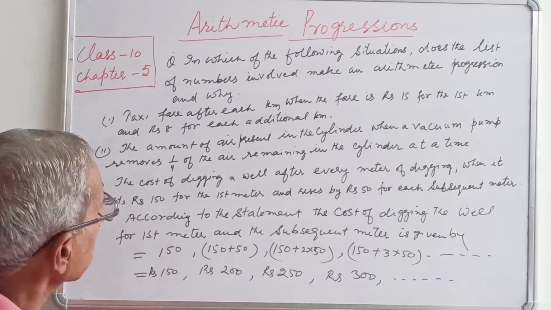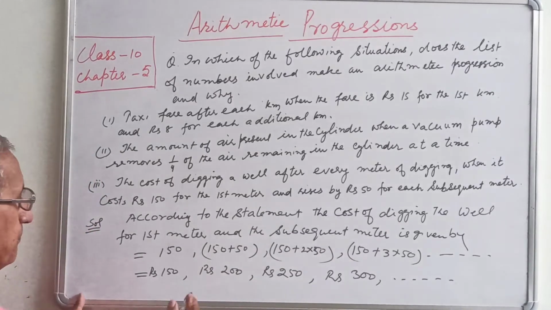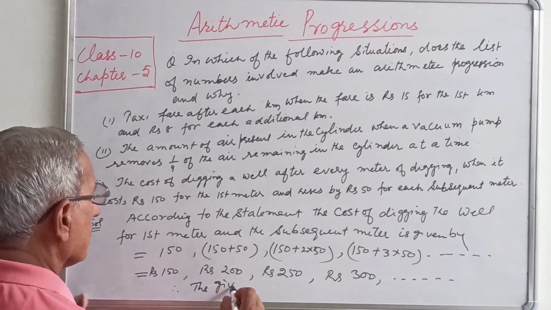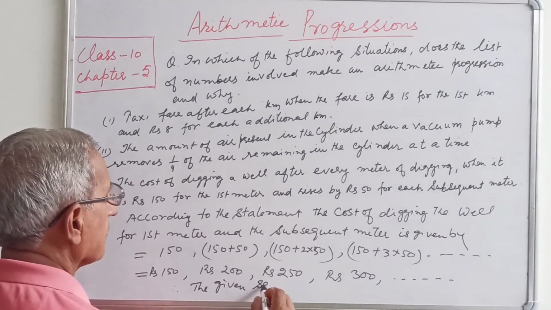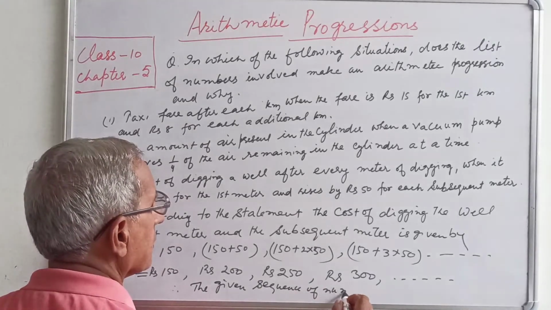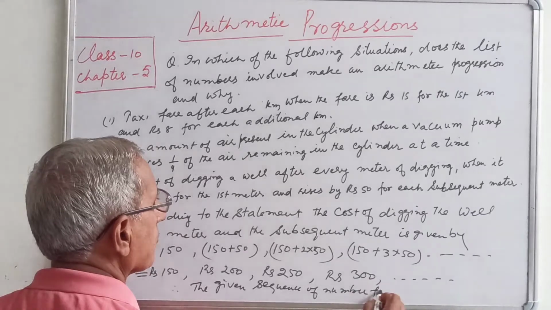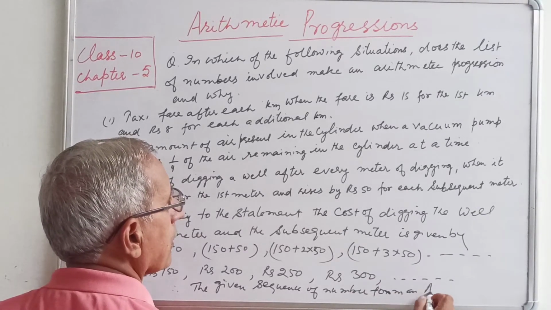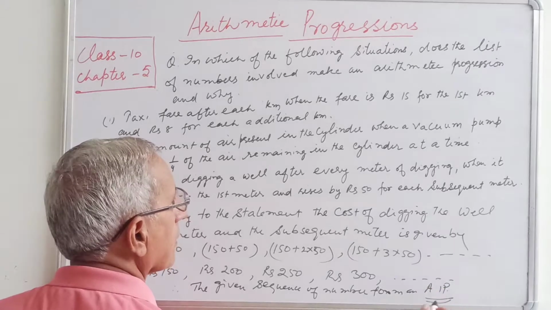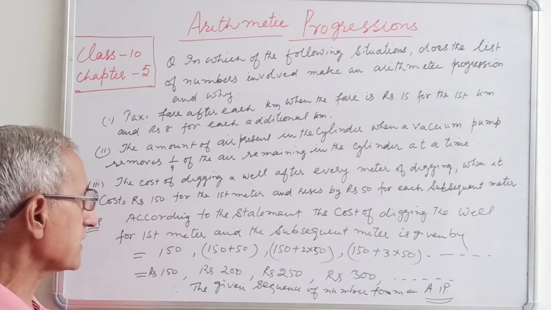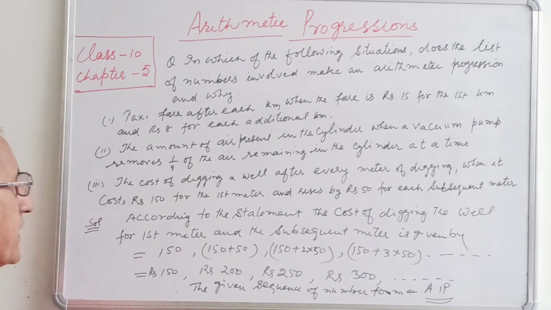So this sequence forms an AP, because the difference between two successive numbers is 50.